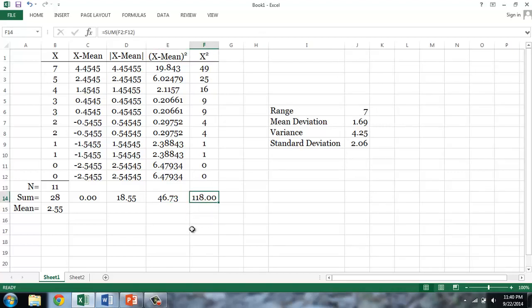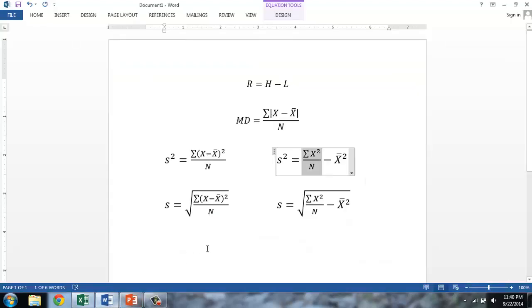We then sum those squared scores, and then again divide by n. In this case, after we divide by n, we then subtract the squared mean.